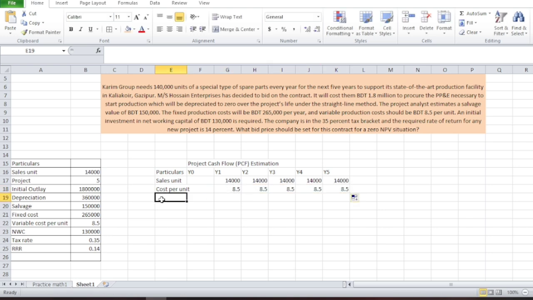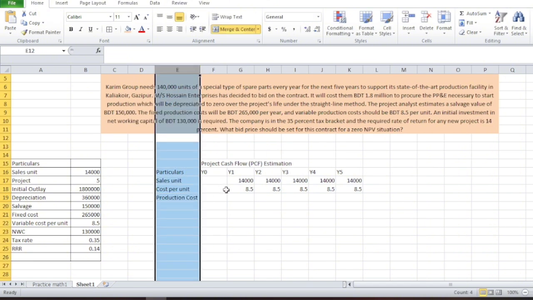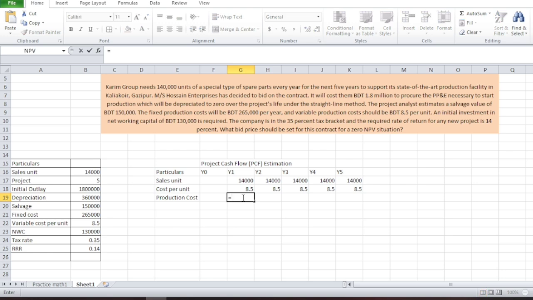Our total production cost would be, remember, we are just calculating the cost for the project. So production cost would be sales unit times cost per unit. This is our cost per year. And then we will simply write our fixed cost for each year, which was fixed for each year, again using cell referencing.